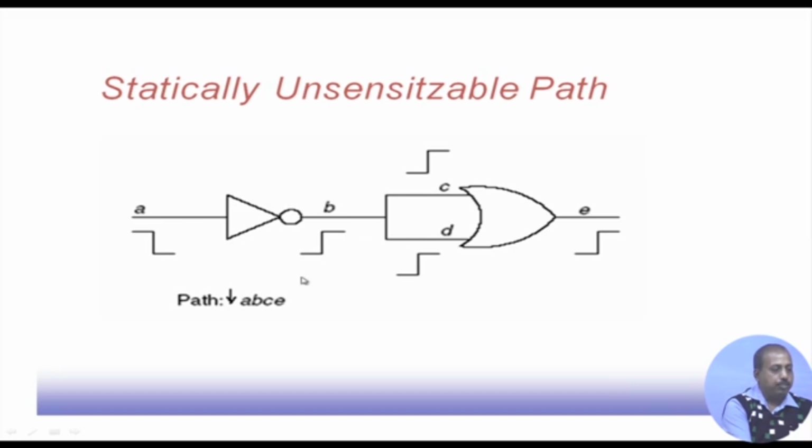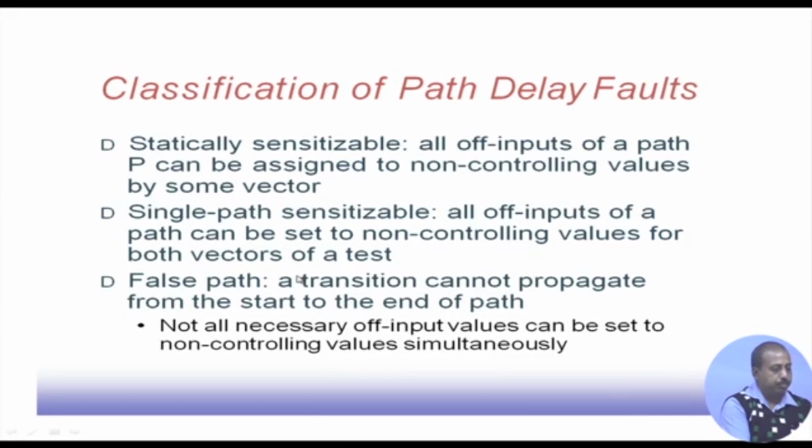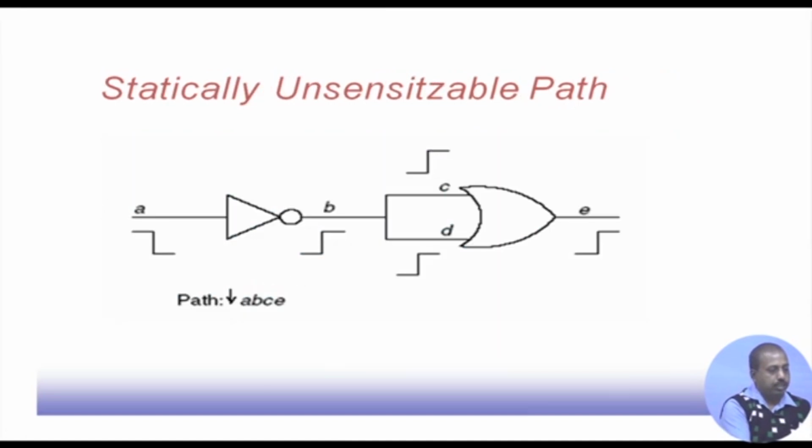So this is unsensitizable, because whenever this transition occurs, all the other inputs are also making transitions. So we cannot make the other inputs take some proper value, so that this transition can proceed.